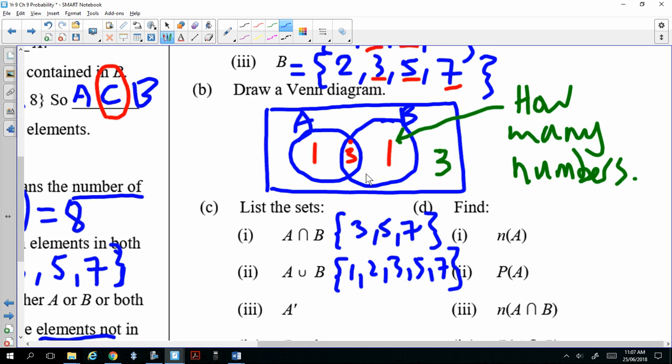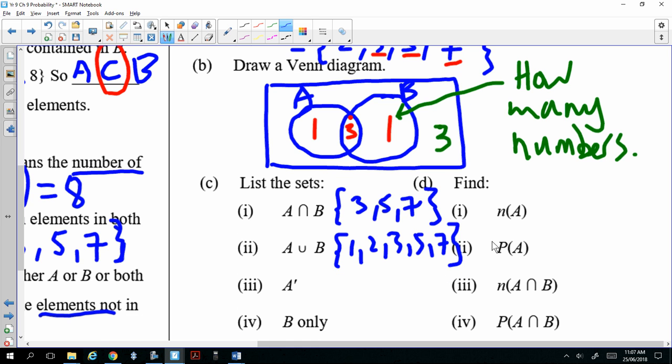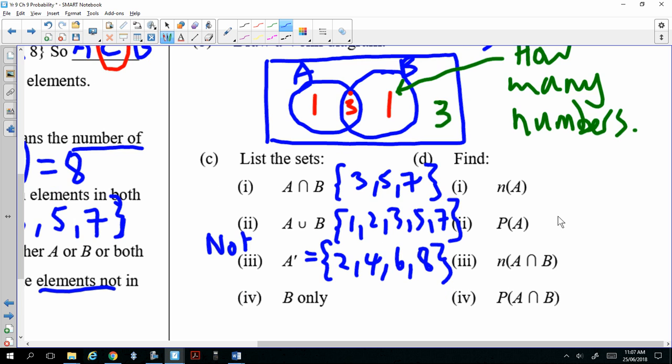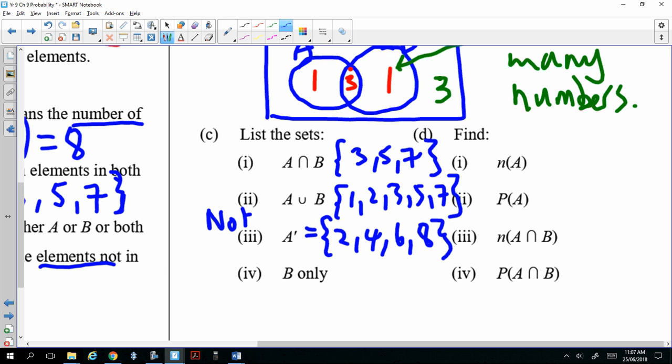So A or B means either in A or in B. Not in A: which ones are not in A? 2, 4, 6, 8, basically the even numbers. And B only, just 2. Make sure you use curly brackets, a set. Yes, just 2 by itself.